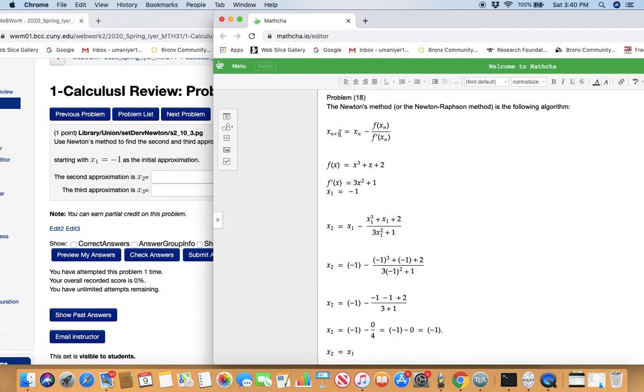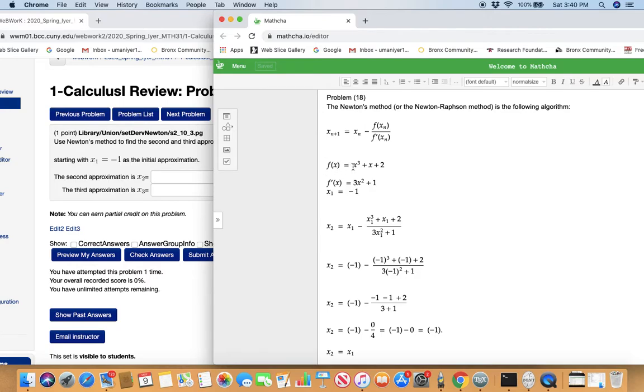That is, the next x is dependent on the previous x. That's all this says. A new x is dependent on an old x. That's how you keep approximating.